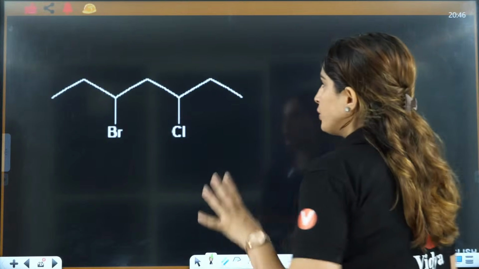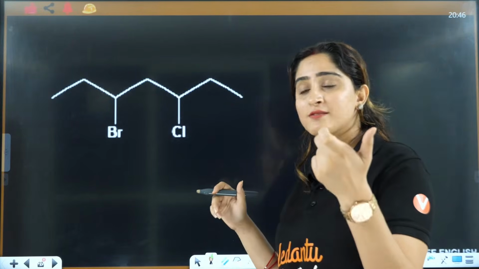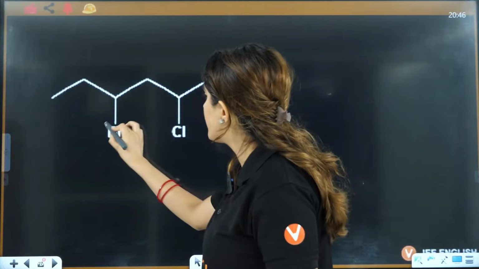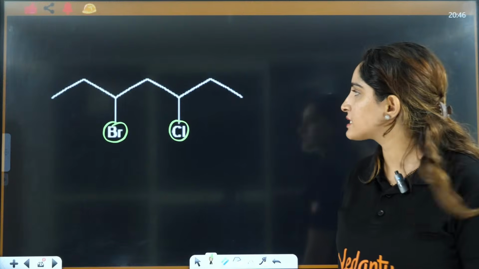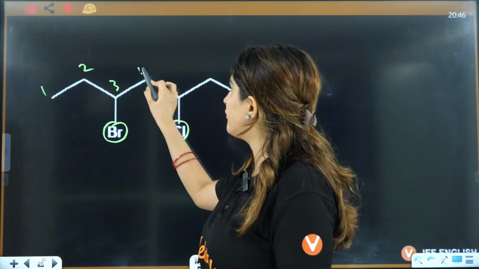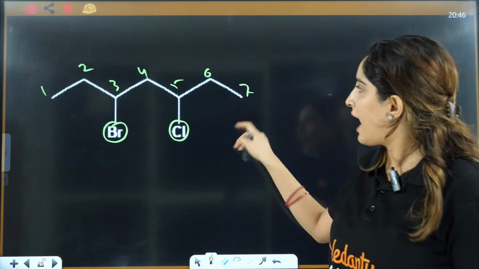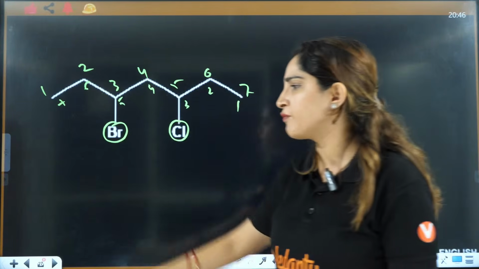Now you have this structure where you have 2 substituents, one is bromo, one is chloro. This one is called chloro, this one is called bromo. Now the question is, ma'am, this is 1, 2, 3, 4, 5, 6, 7, and this will be 1, 2, 3, 4, 5, 6, 7. Can you tell me what you will prefer here?